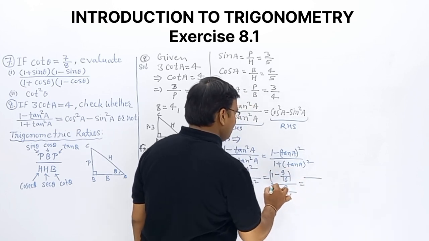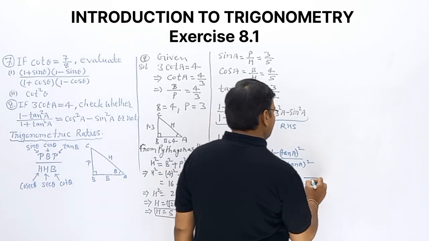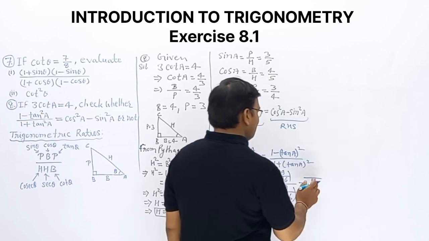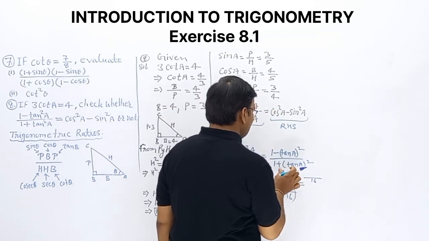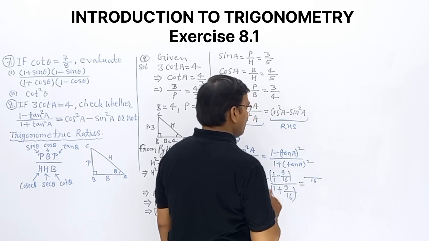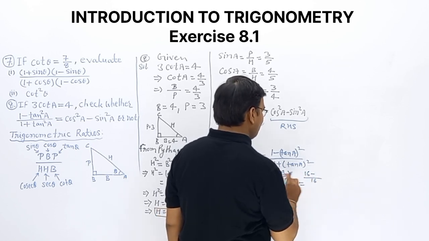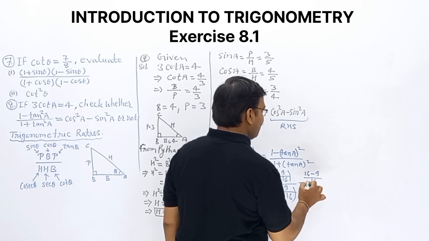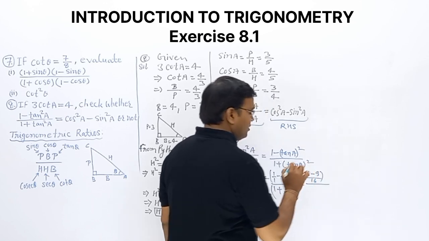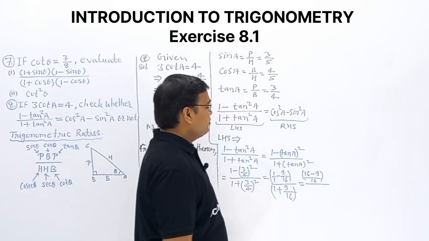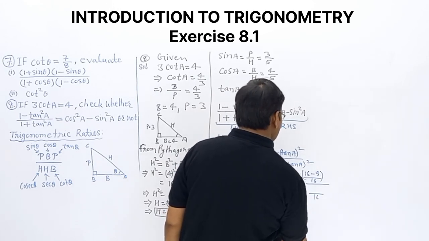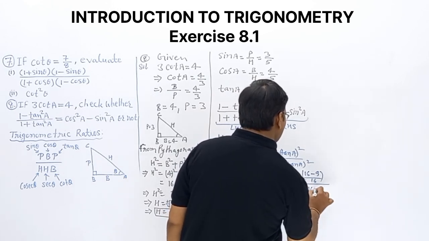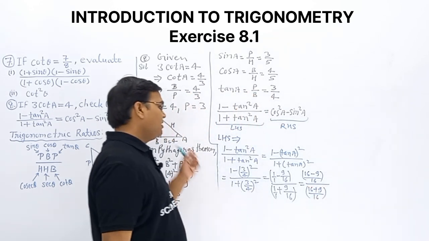In the numerator and denominator we have the same LCM, 16. 16 times 1, so 16 minus 9 is the numerator value, and in the denominator 16 plus 9 is 25. This is the denominator value.